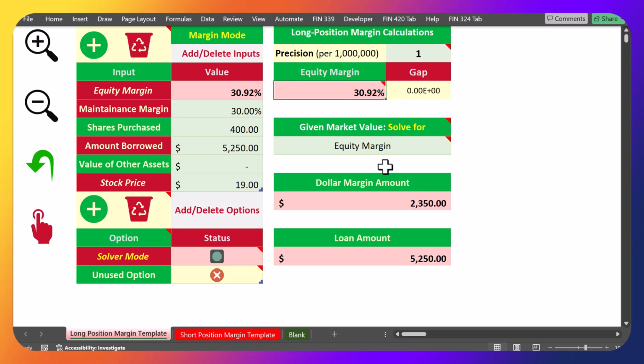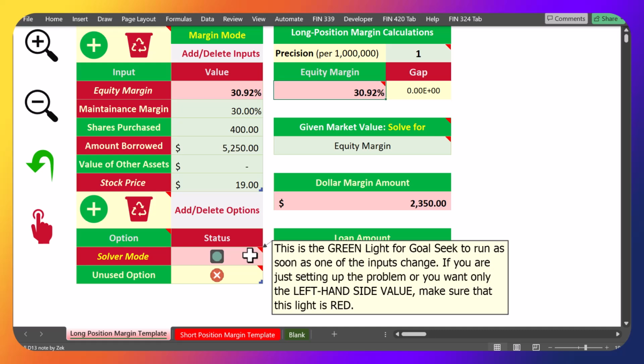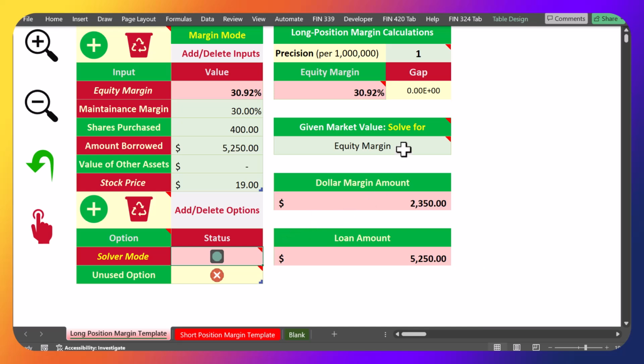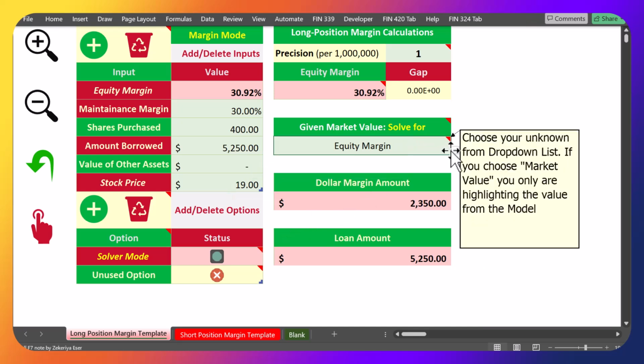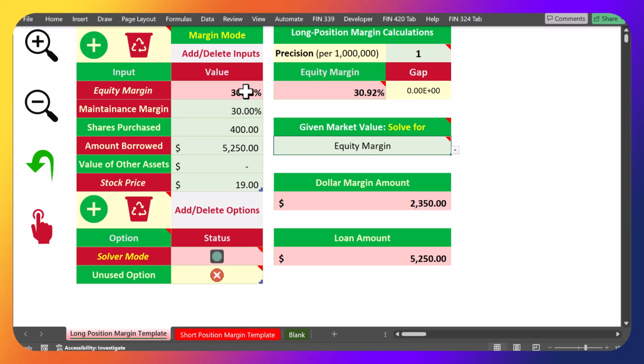On this one, when you are in solver mode, which can be changed by simply double clicking on this traffic light, and your unknown is equity margin, it automatically calculates the equity margin for you. It's 30.92%. Maintenance margin is 30. You are above that, so you will not receive a margin call.